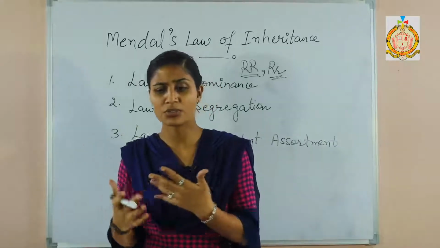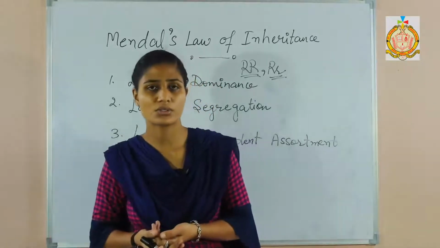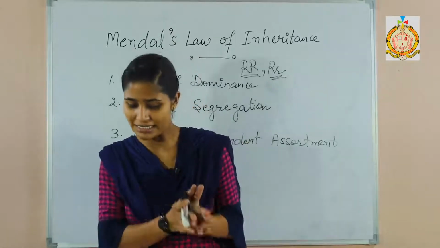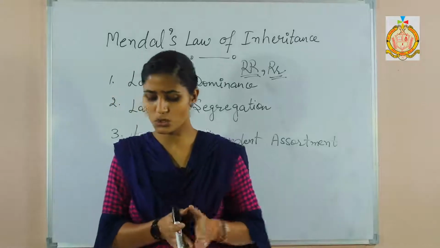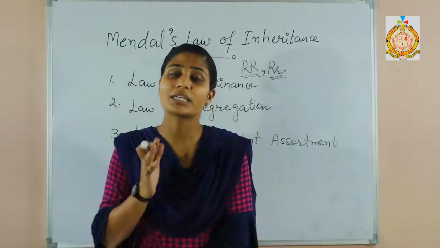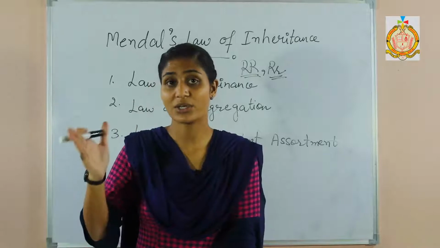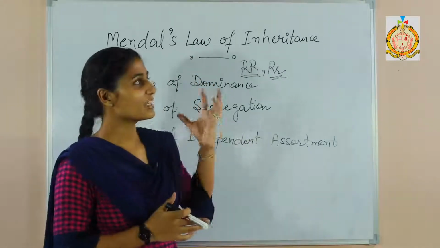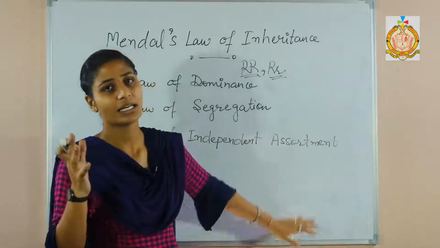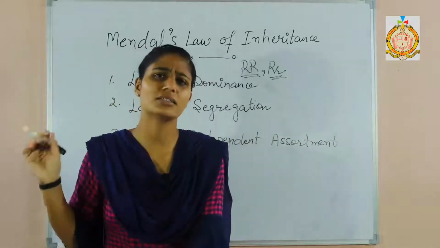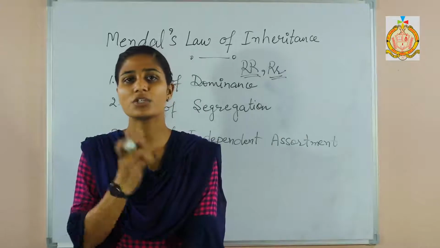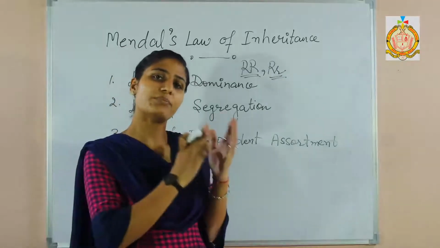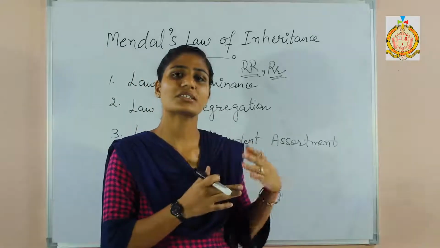Due to mutation, several other disorders also take place in human beings and offspring. A few examples are sickle cell anemia and radioactive radiations. If we talk about radioactive radiations, in World War II in 1945, as you have read in history too, in Hiroshima and Nagasaki they used radioactive bombs, and the impact of those radiations is still there.